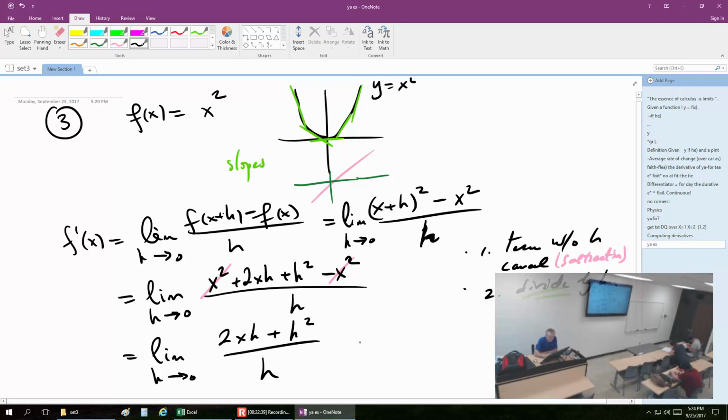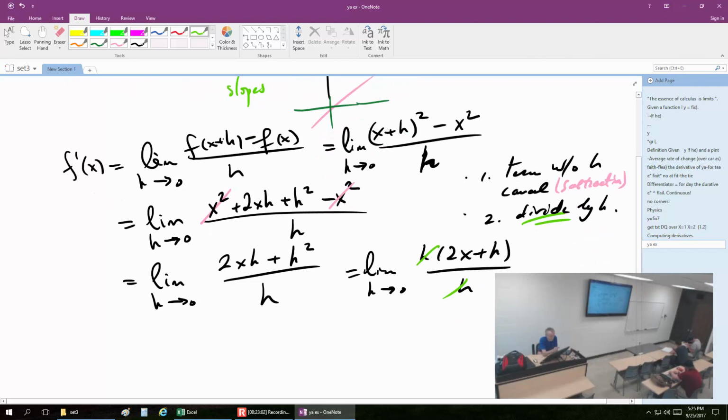Let's stretch it out a little bit, and so I'll factor h out first. So I'll have h times 2x plus h over h. And then now I do divide. There's no magic here. This two-step plan will work out every time you do computation of the derivative from the definition.